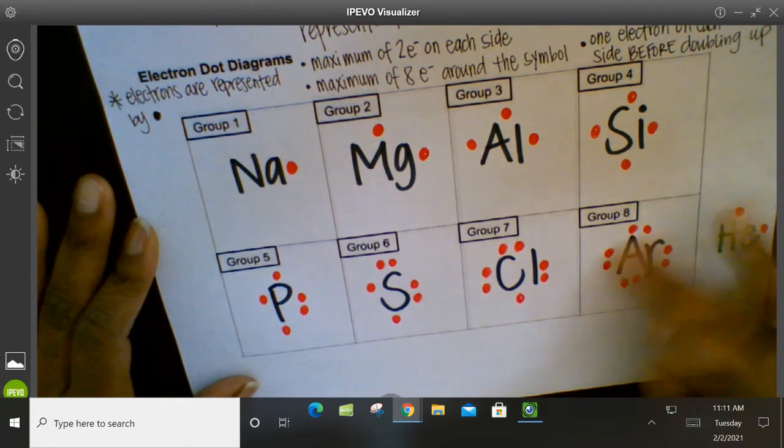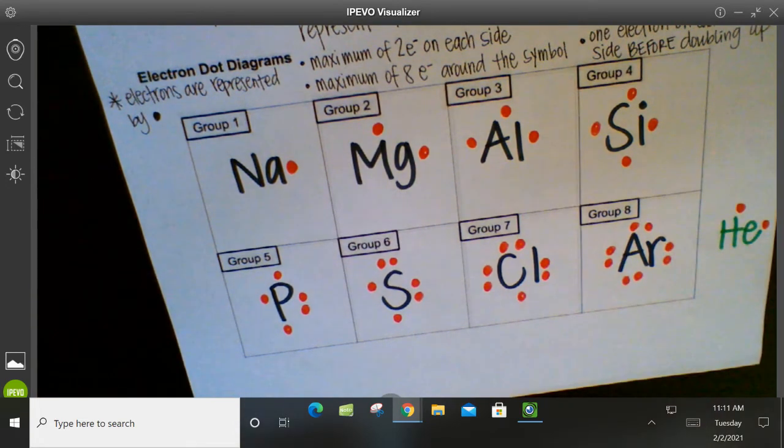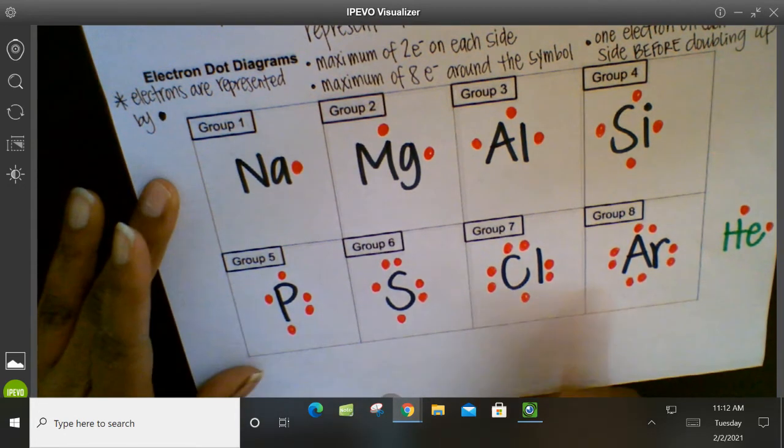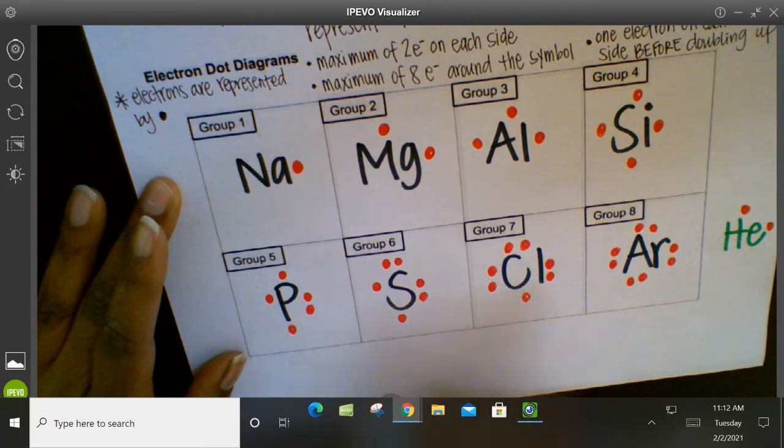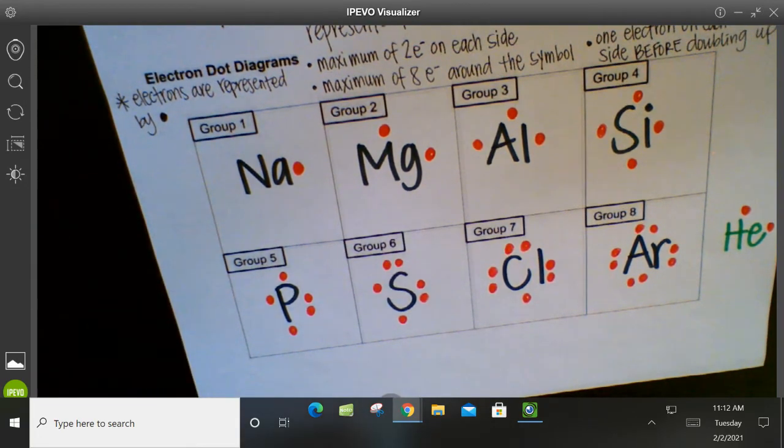And then you have group 8. They have what we call a full octet. So they have their 8 valence electrons, and unless it is under special conditions, they are not going to react with other substances. So they're not losing or gaining. And then, of course, we know with our nonmetals, they also participate in covalent bonds where they share electrons. But right now, let's just look at ionic.